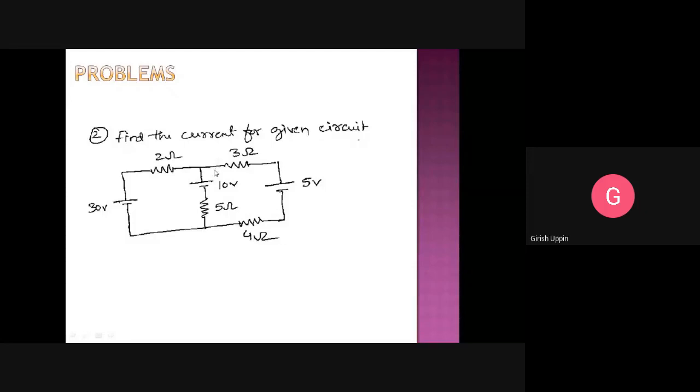What would be the current flowing here? I give you an example. This 5 amperes is coming, and I tell you 3 amperes is going here. How much current will flow in this branch? Once again, 5 amperes is coming here, and in this branch 3 amperes is flowing. How much current will flow in this other branch?